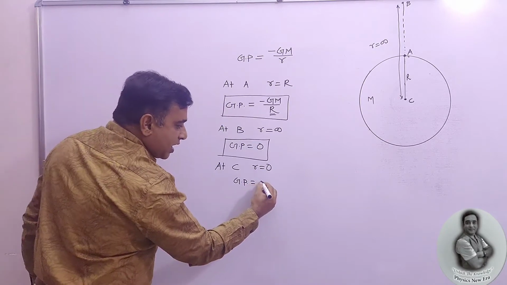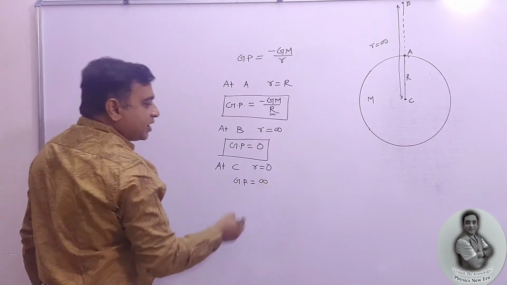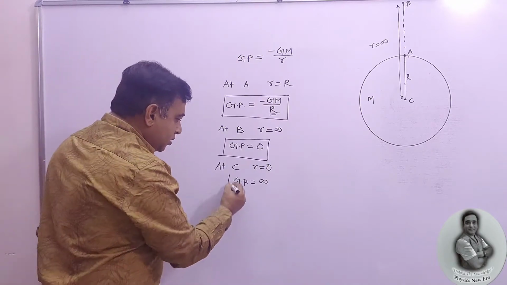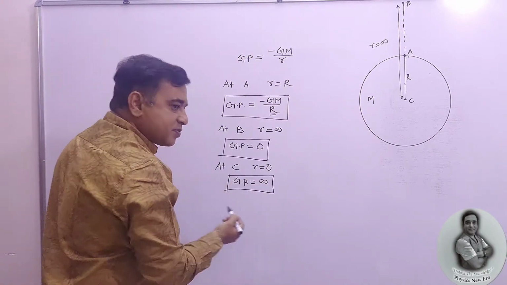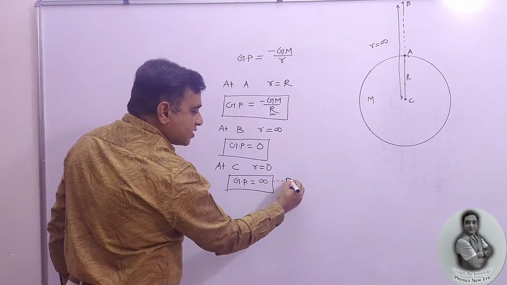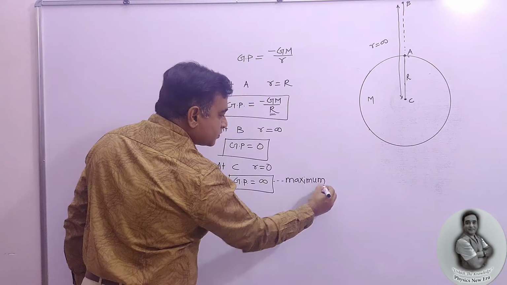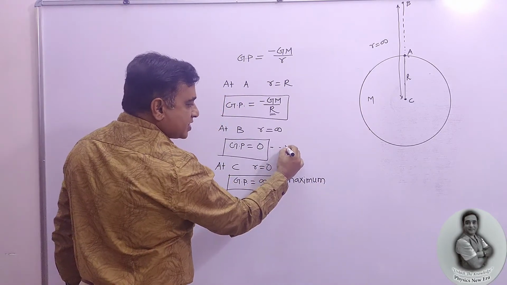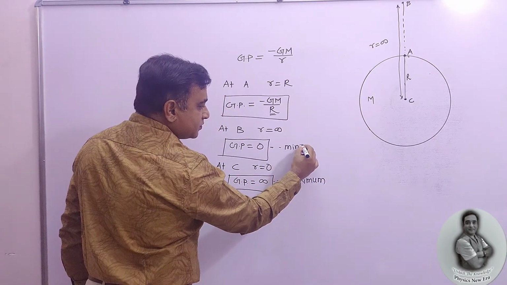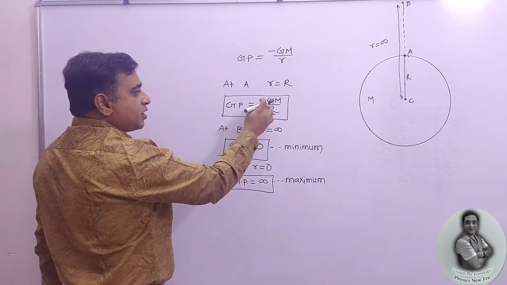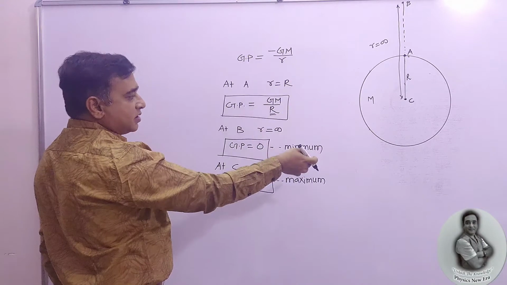If it is 0, gravitational potential is equal to infinity, because 1 by 0 is equal to infinity. Means where it is exactly, it is maximum. It is maximum at this point. And it is minimum at this point. This negative sign only indicates it is pulling toward the earth.